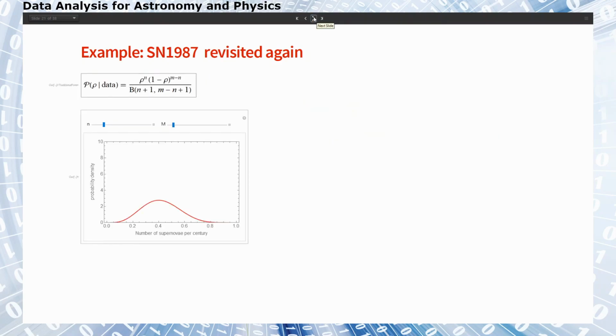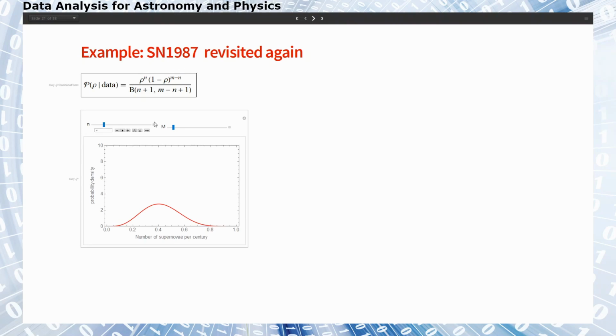Let's take a look at how this expression, how the posterior probability distribution looks like. We have here 4 supernovae in 10 centuries, and this expression looks like this. It is nicely centered at 0.4, which reflects the fact that we observed 4 supernovae in 10 centuries.